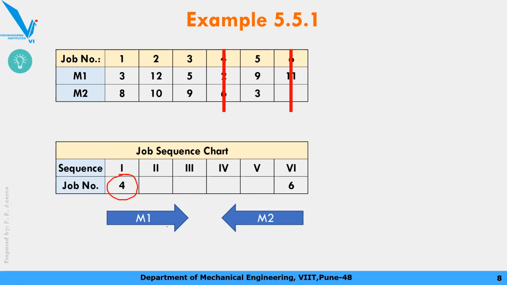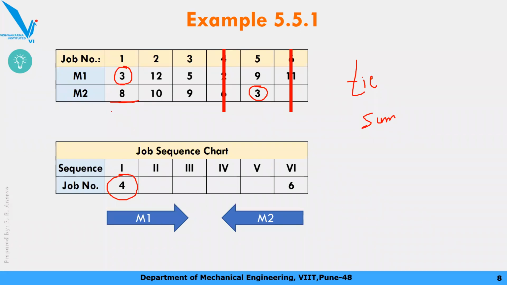Okay, then again look for the least processing time. So there is a tie. In job number 1 there is a 3, and in job number 5 there is one more 3. So both minimums are 3, 3. So when there is a tie, what do you do? Take the sum of processing time.